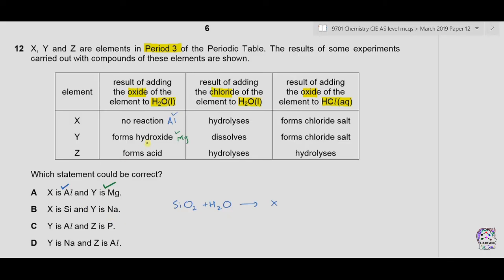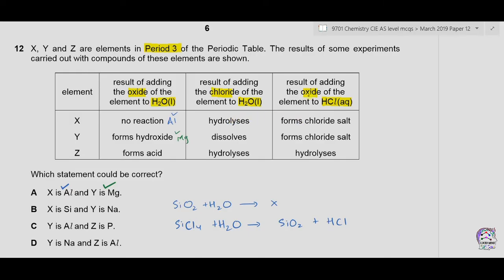This is true. Second is that silicon chloride will hydrolyze in water. SiCl4 reacts with water to form silicon dioxide and HCl. So this is also true for silicon.